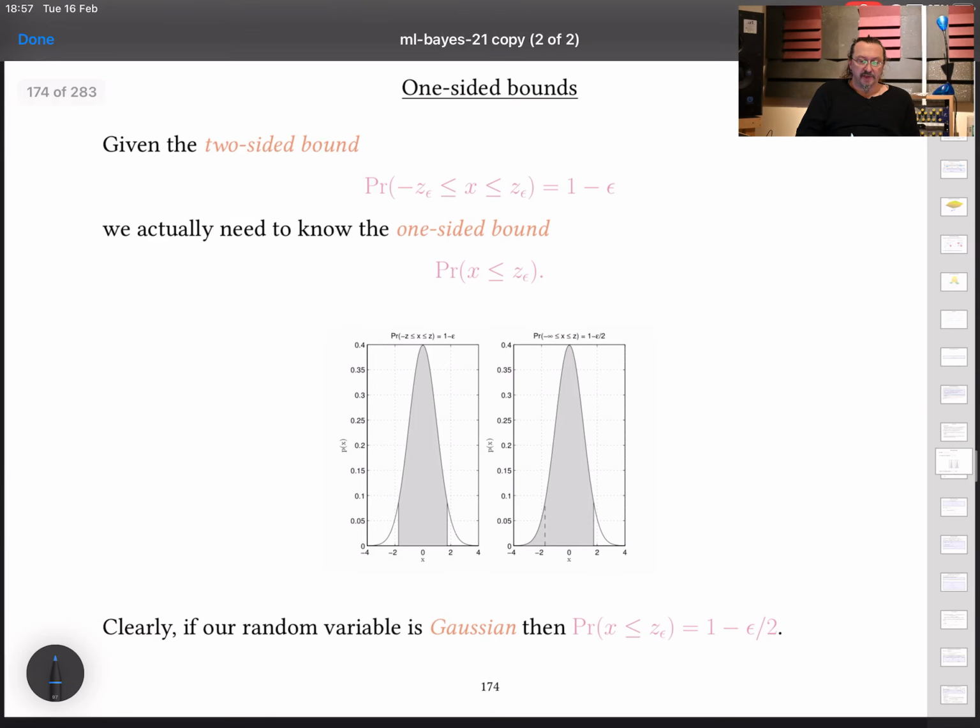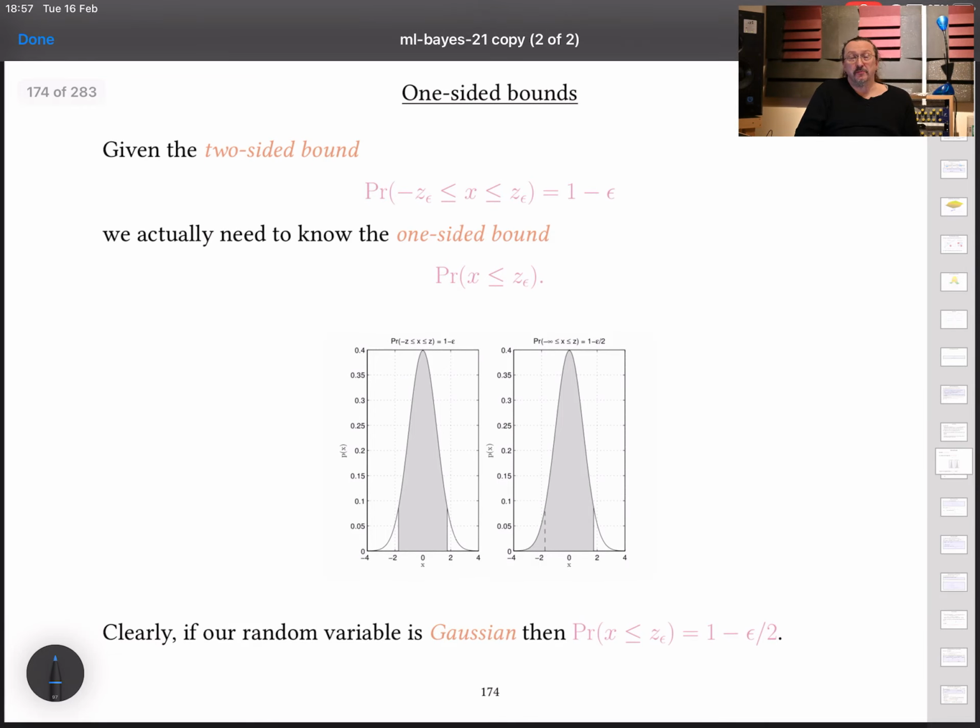Now, as luck would have it, one-sided bounds shouldn't be giving us any cause for concern, because if we know what the relevant numbers are for a two-sided bound, which is the kind that we've been talking about all along, because we've been looking at expressions like this. Okay, we've been making 1 minus epsilon equal to 0.95, and then looking in some tables or elsewhere to find the corresponding value for z, which is related to epsilon.